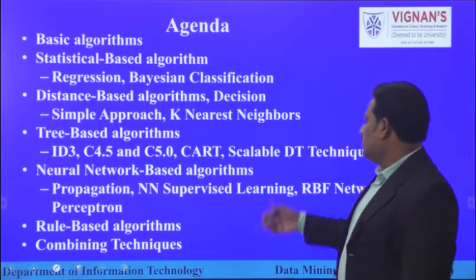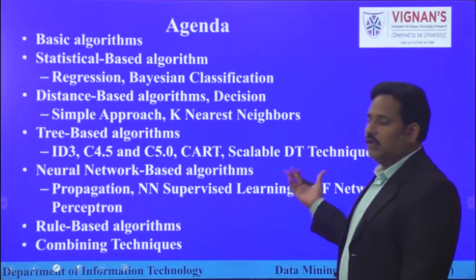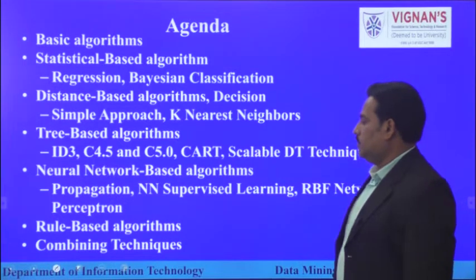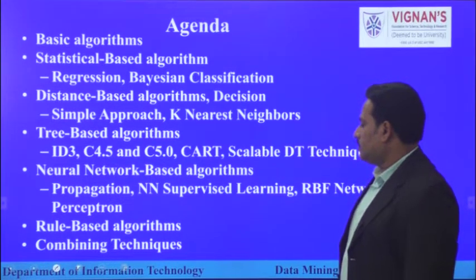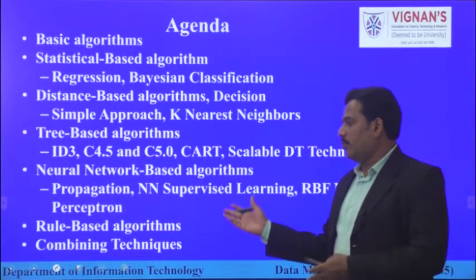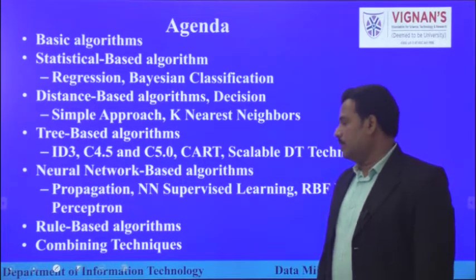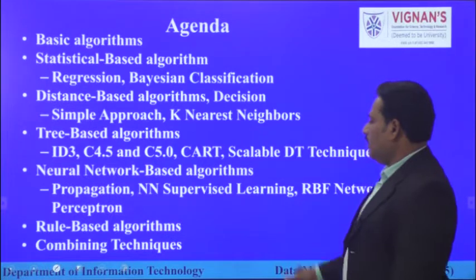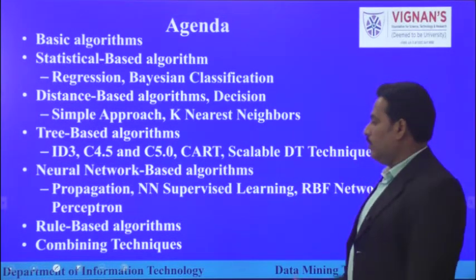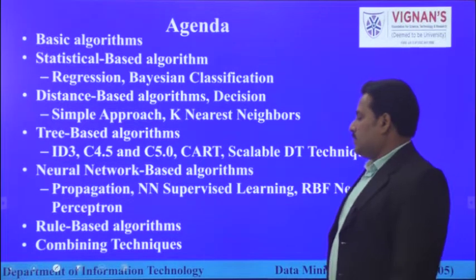And we will see some of the scalable concepts of decision tree algorithm. Another aspect of data deriving using classification is neural network based algorithms. We will see the propagation, that is data propagation, supervised learning approach, radial basis function approach, and we will see the basic concepts of perceptron.